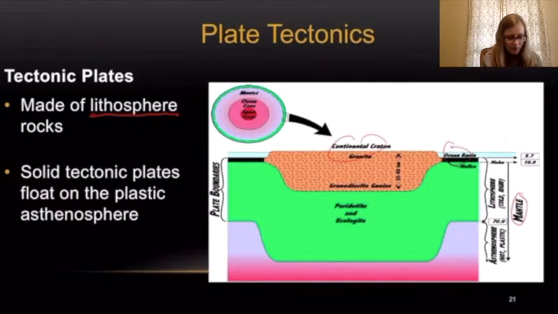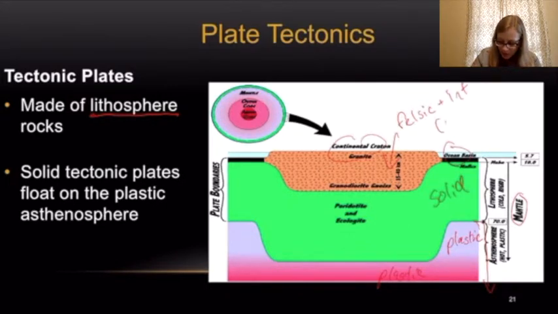So the solid tectonic plates float on top of the asthenosphere. The asthenosphere is also chemically mantle, but it is more of a plastic liquid than it is a solid. So we've got plastic down here, and we've got solid up here. And we've got felsic and intermediate composition, which again, remember, means low density.